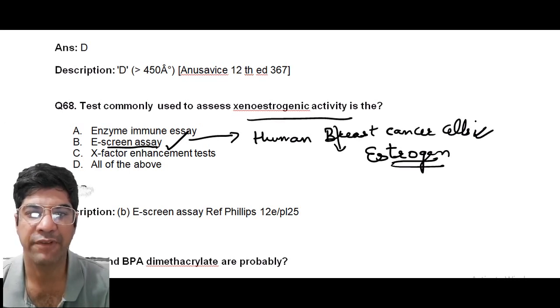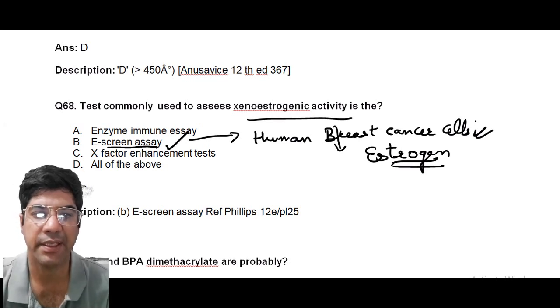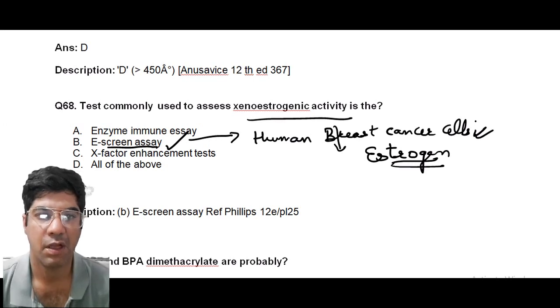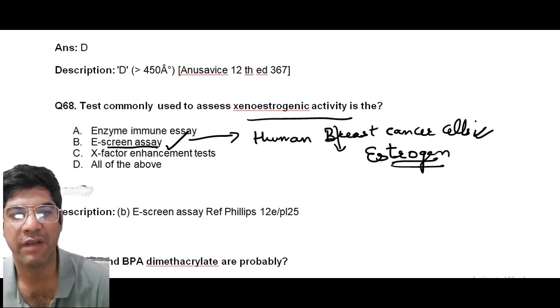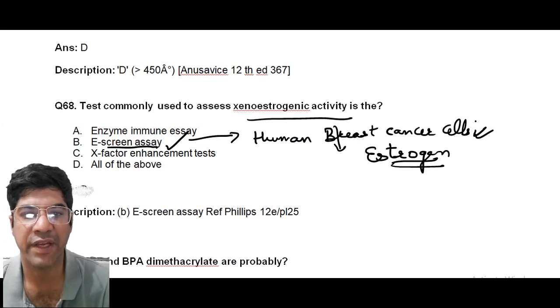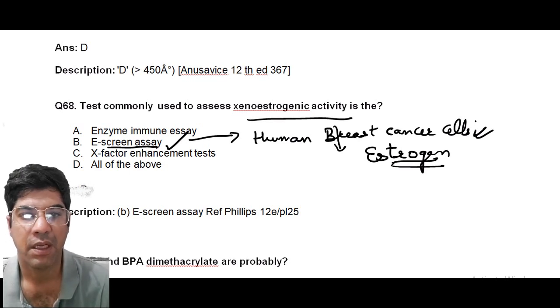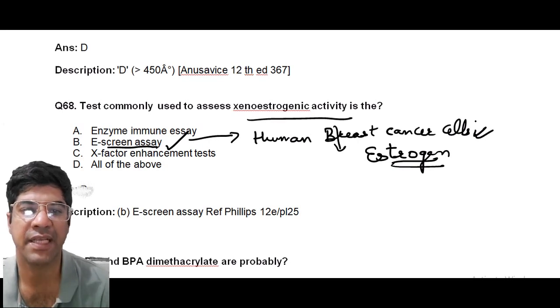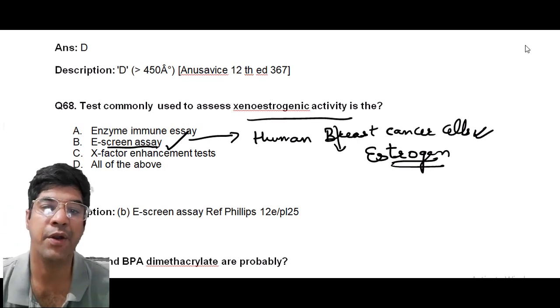Estrogen will promote the growth of these cells, so the extent of cell growth in the presence of each compound is measured. It is valuable for evaluating the estrogenic effect of various compounds, helping researchers identify substances that may disrupt the endocrine system.